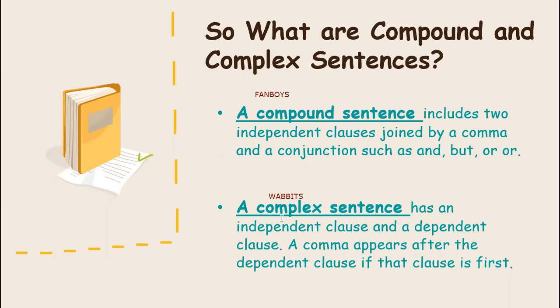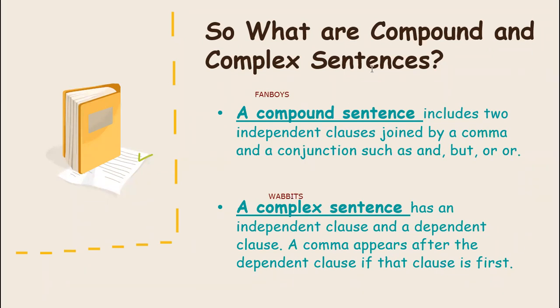But if I see one of the wabbits, I know that it's a what, Abdurrahman Ismail? A dependent clause. I know it's a complex sentence and a dependent clause. Very good. The whole sentence is complex. But if I see one of the fanboys, I know that it's a compound sentence. Very good. Thank you very much, Abdurrahman.